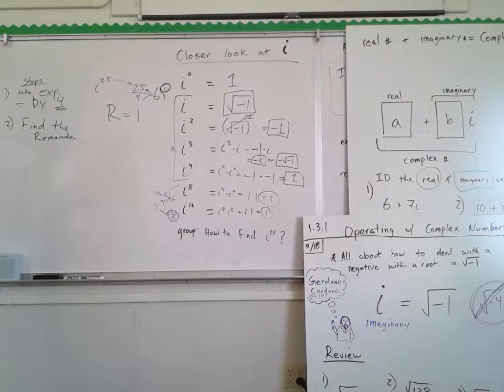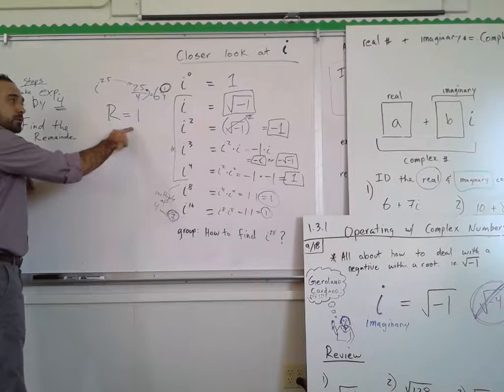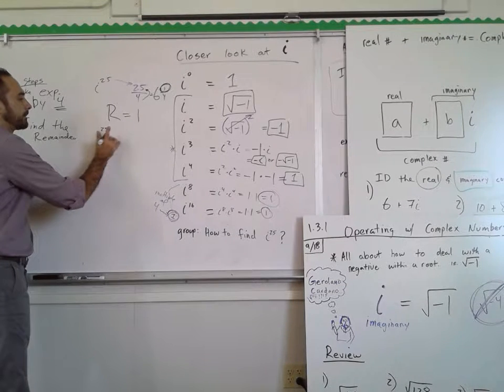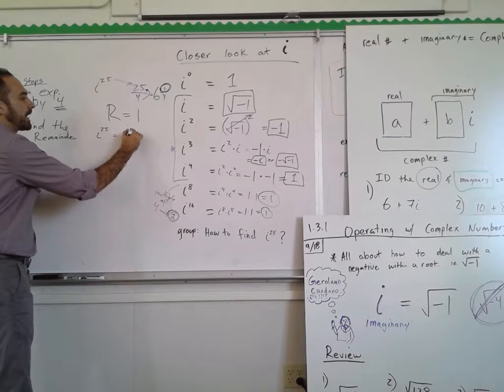This is the nicest part of working with i. Based on your remainder, every single time, I can conclude that i to the 25th is equal to i to the 1st.